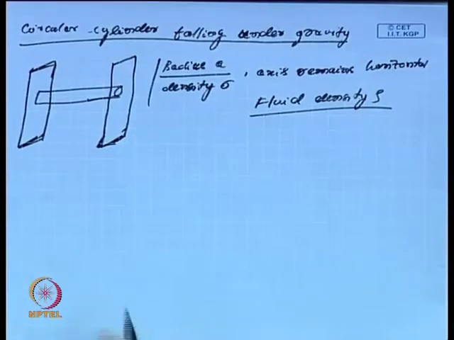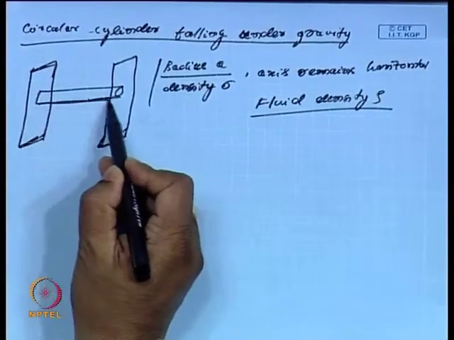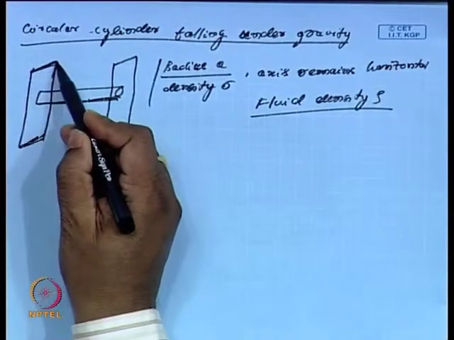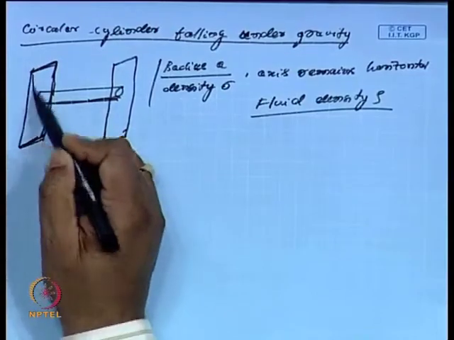We consider a unit length of the cylinder, which is limited by two smooth vertical walls. Basically, these are the two walls.